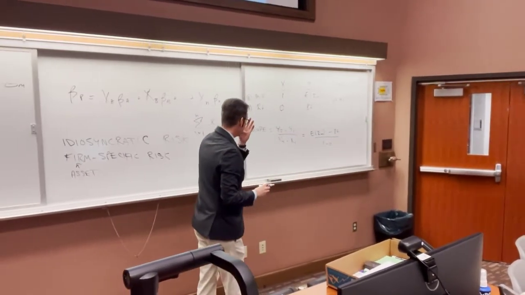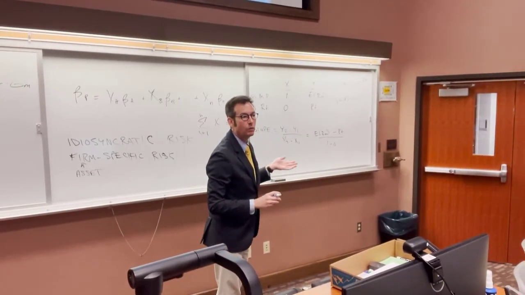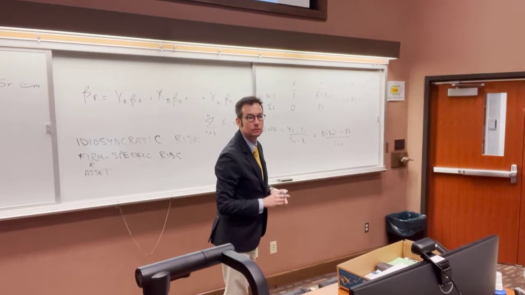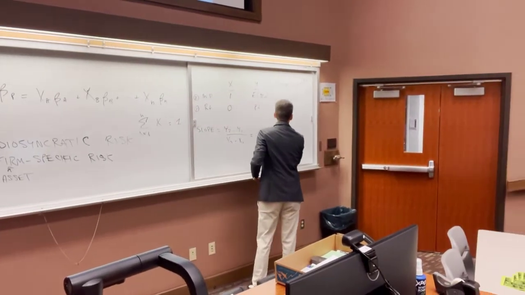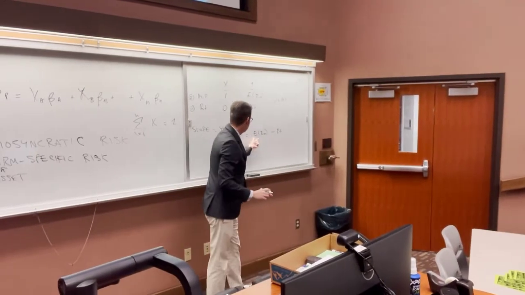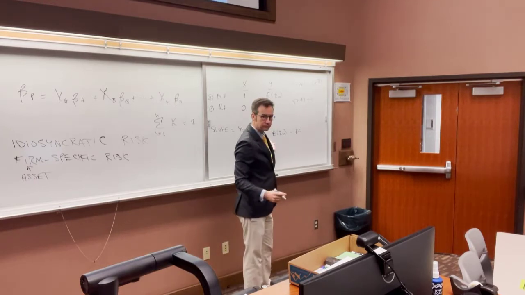So what is 1 minus 0? 1. And if I divide by 1, what do I get? I just get the top part, right? And so basically what we're left with is the slope of the security market line.